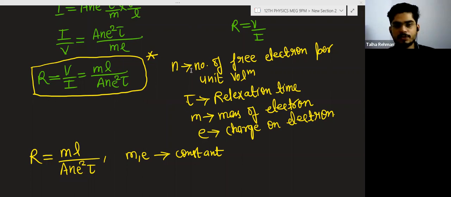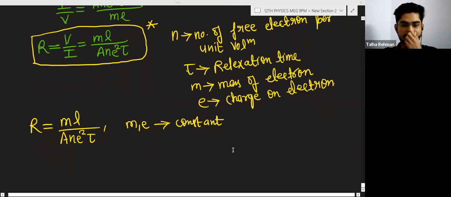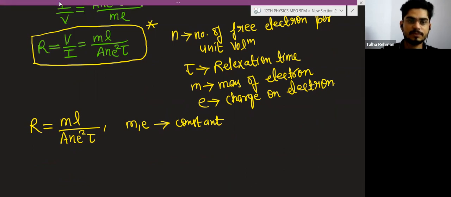They change only when the speeds or velocities are comparable to the speed of light, but that is a different part. Here in current electricity, the mass and charge of electron will be constant. So we can say the resistance is directly proportional to L from this formula.